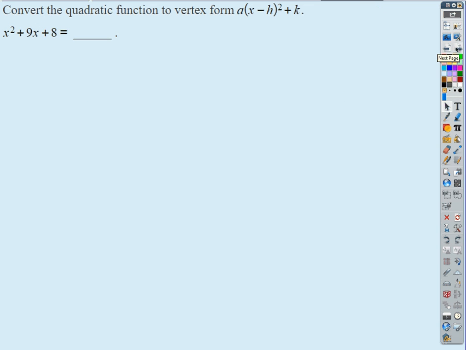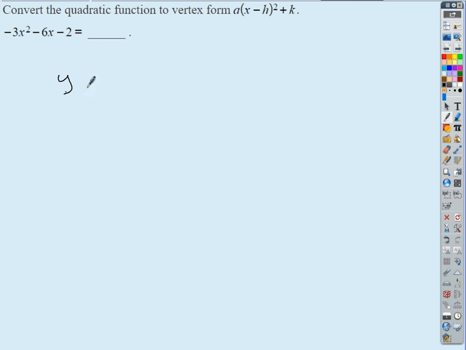Okay, let's skip that. Okay, we could do this one. So if I set this equal to y, I'm just going to complete the square. I got to get the right side equal to x squared plus bx. So what are the steps I got to do? Add 2.